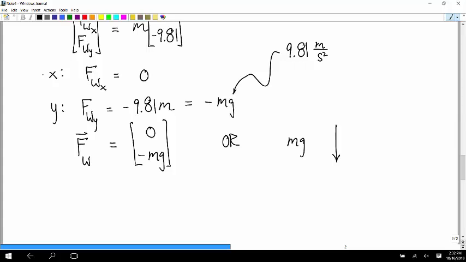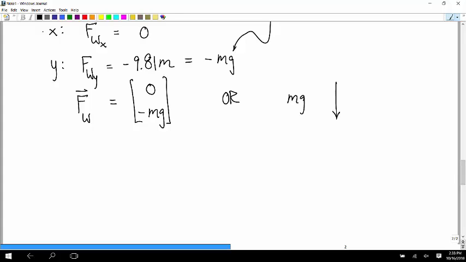Either one of those is fine because it gives everything you need to know about a vector, a magnitude and a direction. Okay, so what that says is that the weight acting on any object is proportional to its mass.